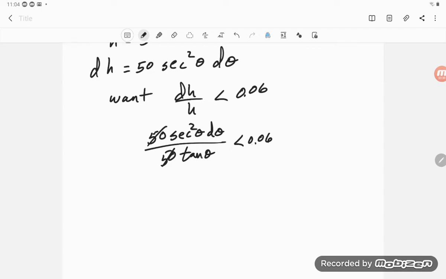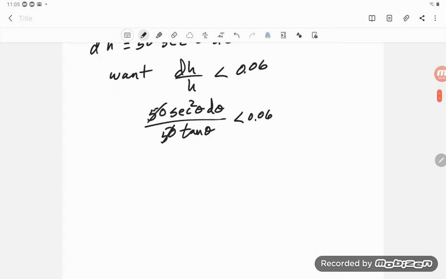Tangent is sine over cosine, and I'm going to solve for d theta here. D theta, because I think that's what they're asking about, needs to be less than 0.06 tangent theta over secant squared theta.